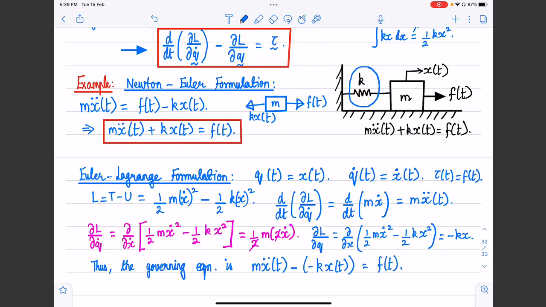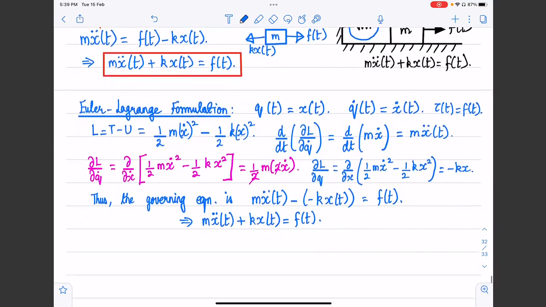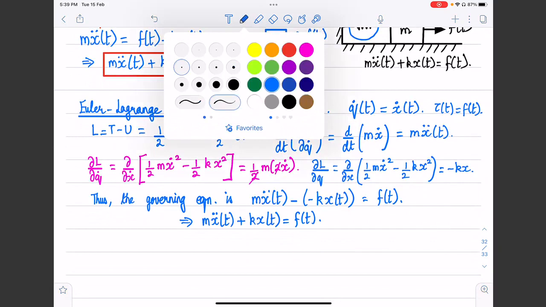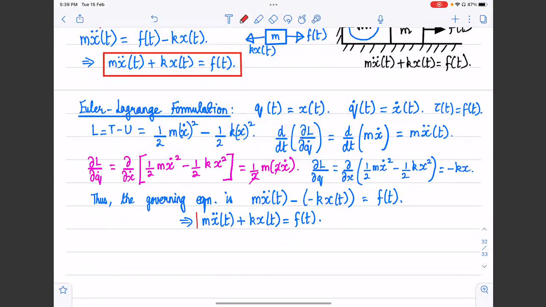So what do we get from here? We get mx double dot plus, minus of minus, we get kx(t) is equal to F(t). We can observe that we get the same answer as with the Newton-Euler formulation.